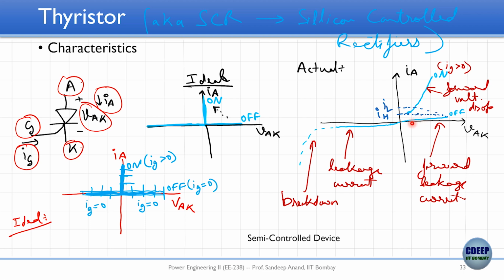Ideally your current can become very close to 0 and the device will still continue to work, but what happens if current is very low, the arc will just vanish, right? And so at a slightly non-zero value, the device will turn off, which is what we call IH, or the holding current. And for the device to turn on, for the arc to form, you need a little bit of latching current. Of course, in thyristors there is no arc, by the way, we are just imagining arc.